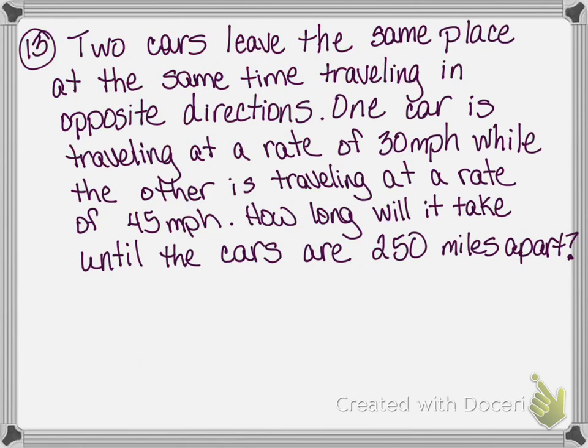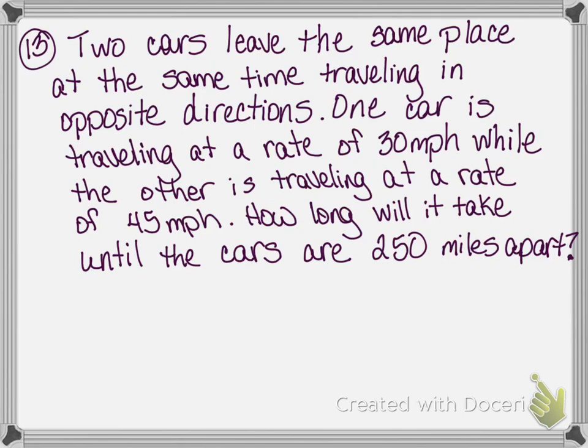Okay, this is another word problem. So we've got two cars leave the same place at the same time, traveling in opposite directions. One car is traveling at a rate of 30 miles per hour, while the other is traveling at a rate of 45 miles per hour. How long will it take until the cars are 250 miles apart?